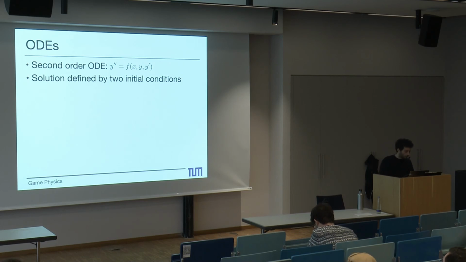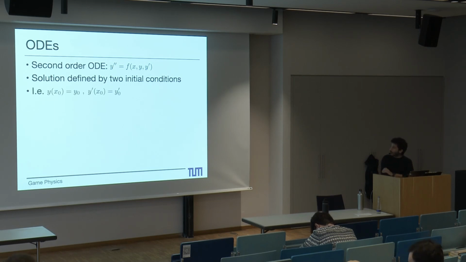In general, given the order of the ODE, being n, we need n minus 1 initial or boundary conditions to define the solution. And this is something we're going to look at a little bit later. In this case, for instance, in physics we need to define not only the initial position, but also the initial velocity. That gives us a unique solution.